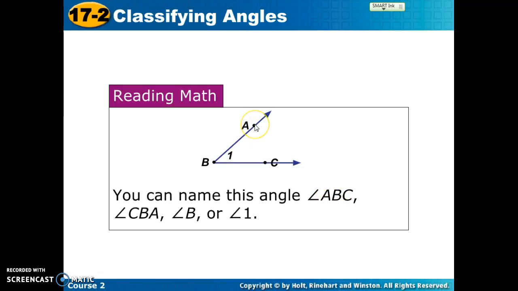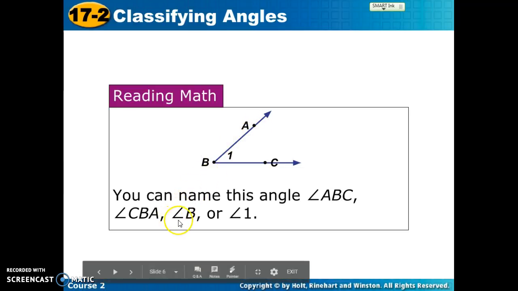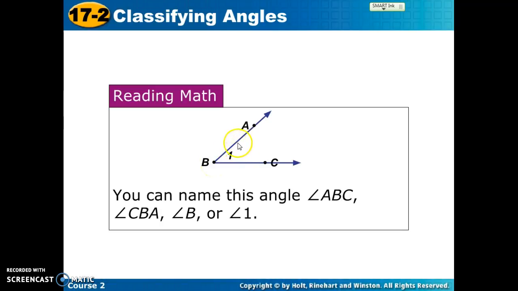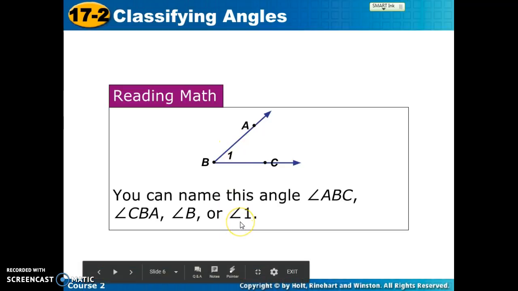You're going to start at one end, you're going to go A, B, C, or you could go C, B, A. You can also label it with the angle mark. When you do that, label it by its vertex, which is angle B, or by perhaps a number represented inside that angle, angle 1.